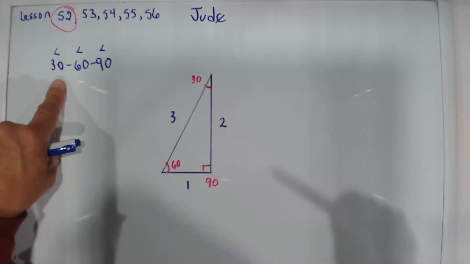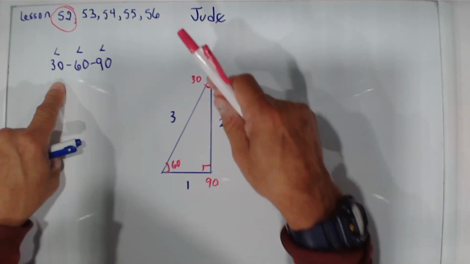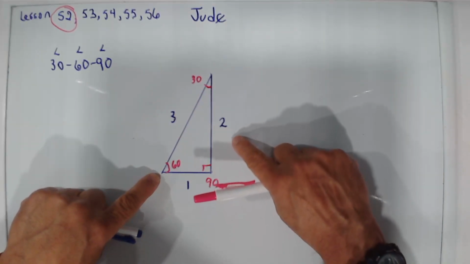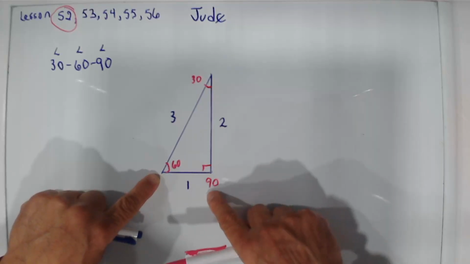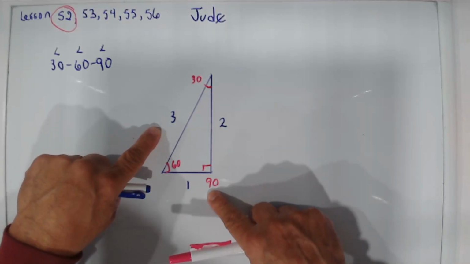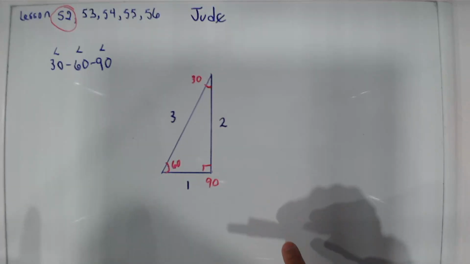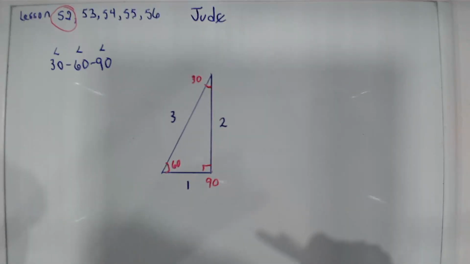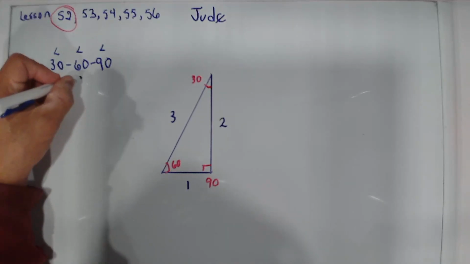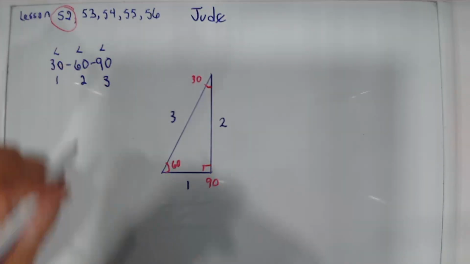So one of the angles is going to be 30. One of the other angles is going to be 60, and the biggest one is going to be 90. And this is the right triangle. You can never go wrong with the right triangle. So what's interesting about this is there's a proportion of 1, 2, 3.